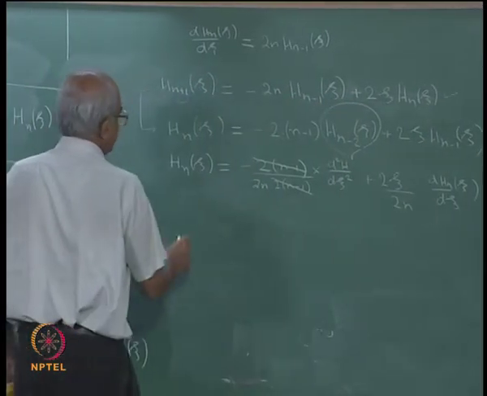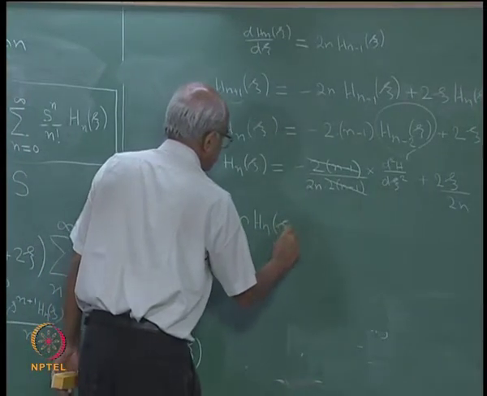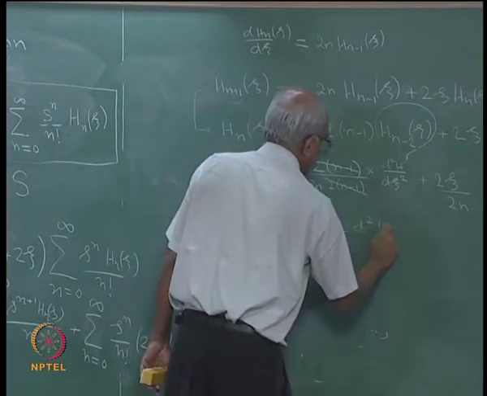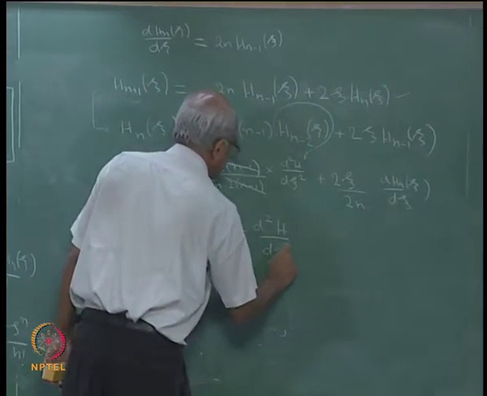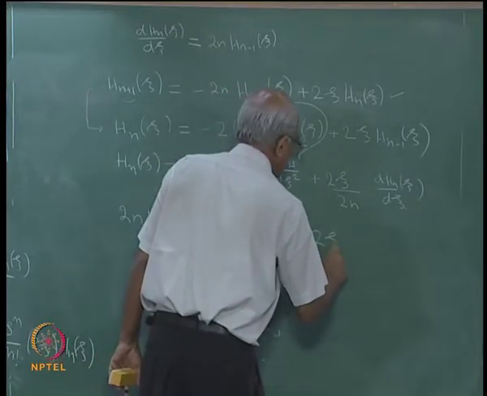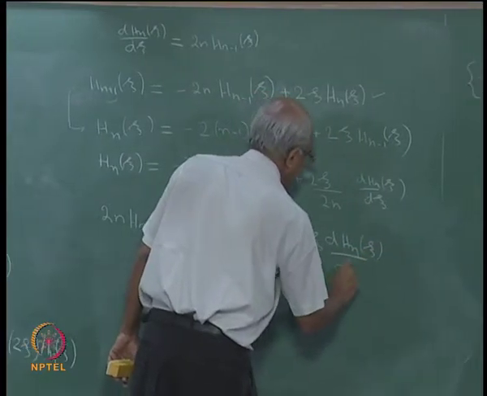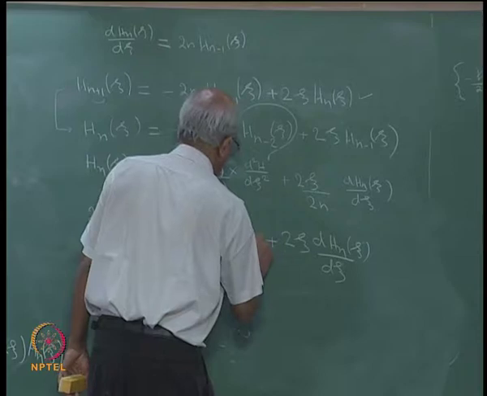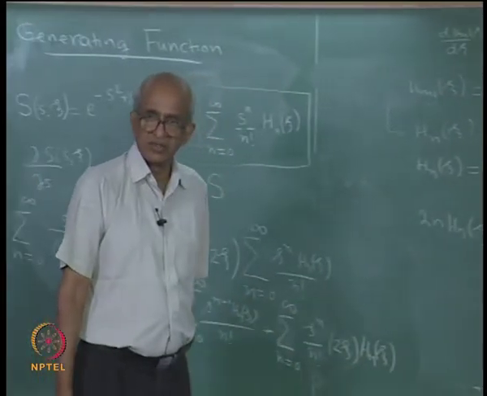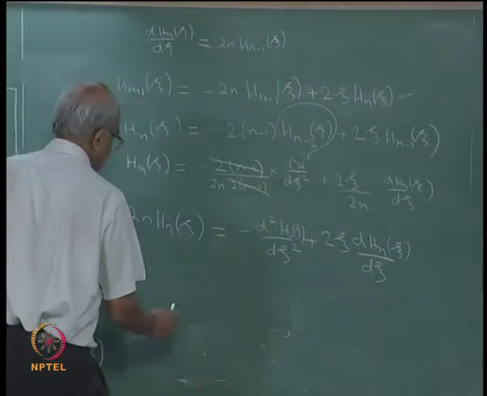So, if you multiply it throughout by 2n, you are going to get 2n h and c in the left hand side, and that is equal to minus d square h by dc square plus 2 c dh n by dc. This is the result, and just take these two terms to the left hand side.